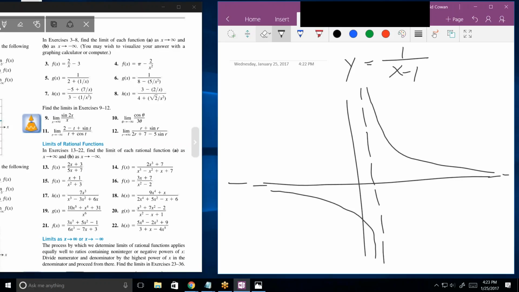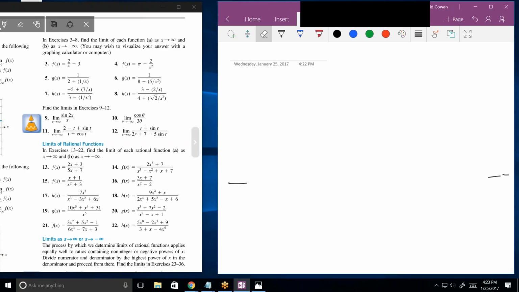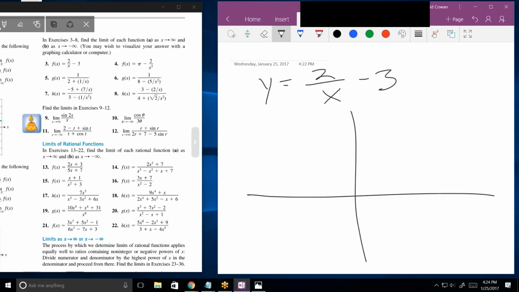So when x goes to positive or negative infinity, it's the same as asking what the horizontal asymptotes are, and it's the same as the end behavior. Okay, well this first one is y equal 2 over x minus 3. Notice that's hyperbolic, only there's a shift down of 3 units, so there's the horizontal asymptote at minus 3. My vertical asymptote is at 0.